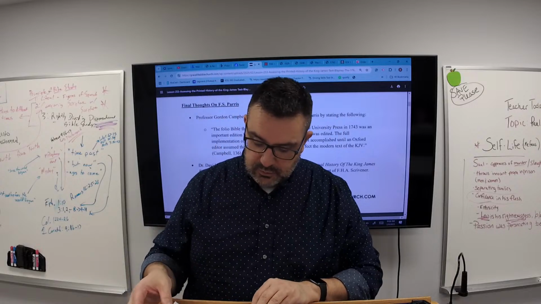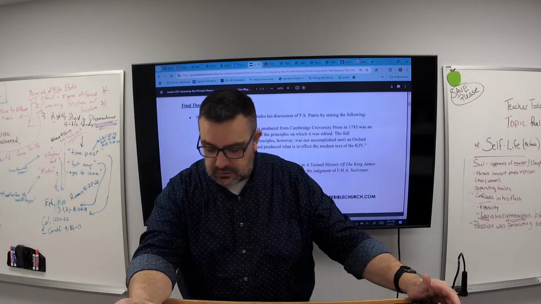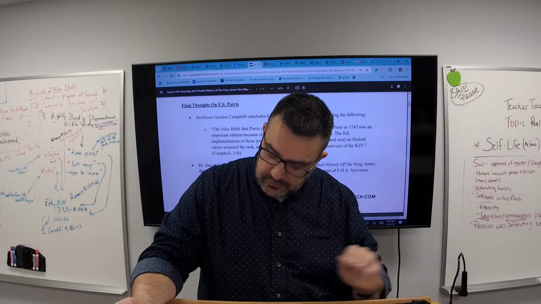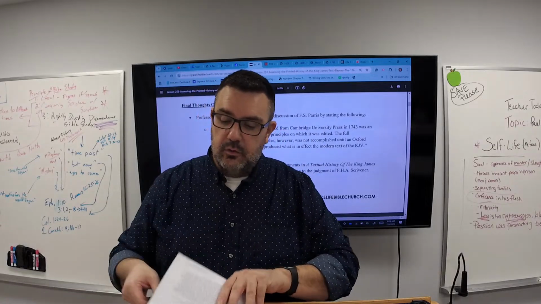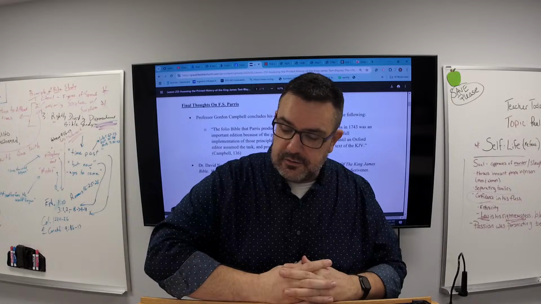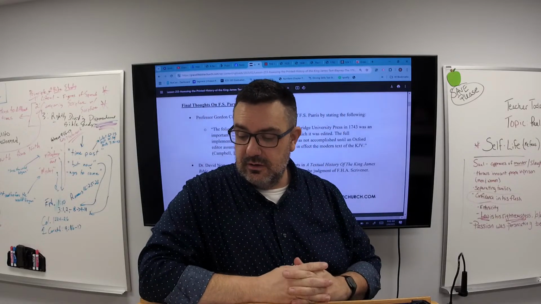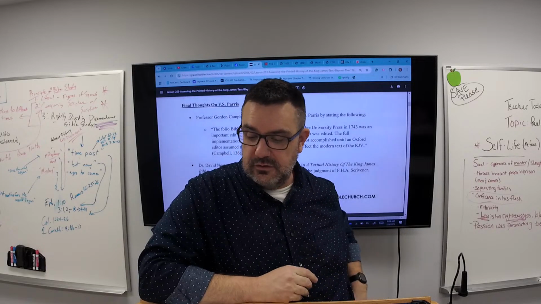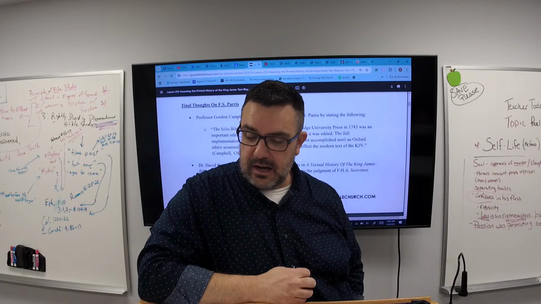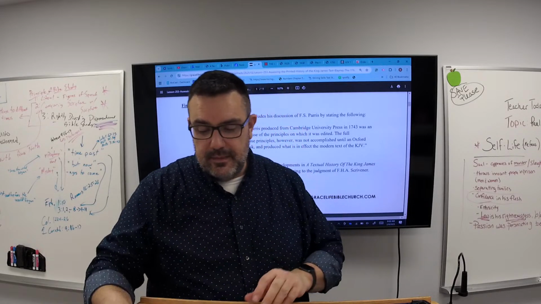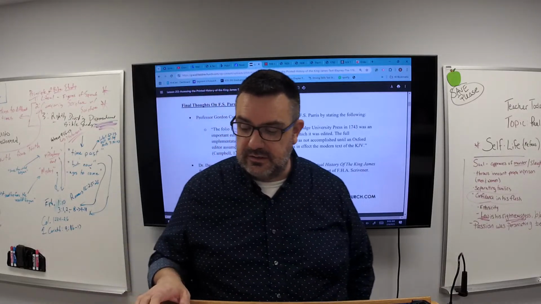Very bottom of page 1. Dr. David Norton also comments on these developments in A Textual History of the King James Bible. He concludes his discussion of Paris by referring to the judgment of F.H.A. Scrivener. Quote, page 2, "Paris worked mainly on scholarly textual correction, italicization, and marginal notes and cross-references, doing more, as Scrivener observed, to bring these into their modern state than the better-known Oxford edition of 1769."